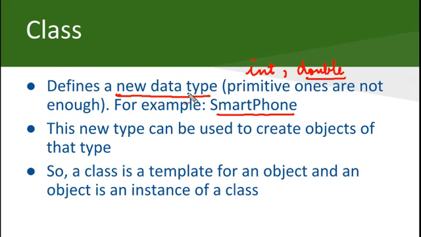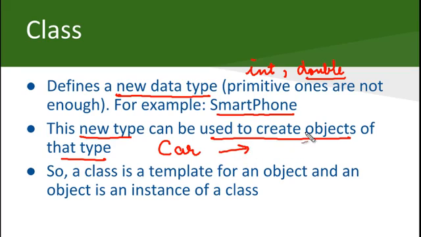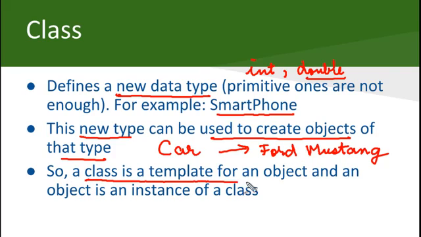So a class creates a new data type, and this new data type can be used to create objects. For example, if we have a class car, we can have a Ford Mustang as an object, or we can have any other car as an object, and these are basically the objects of that type. So a class is basically a template of an object, and these objects are instances of the class.